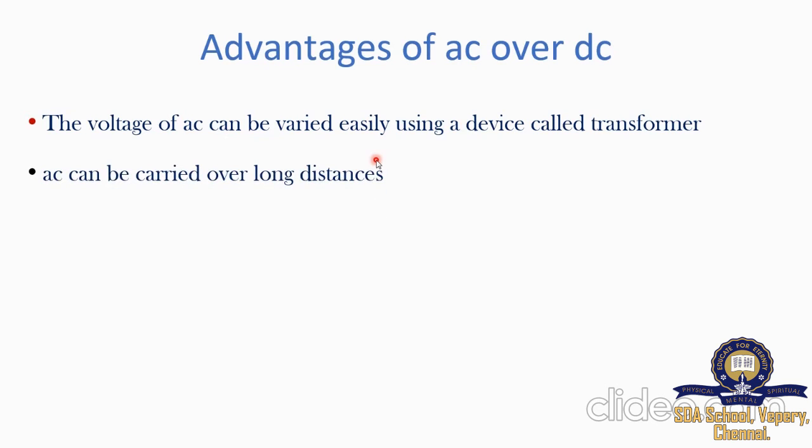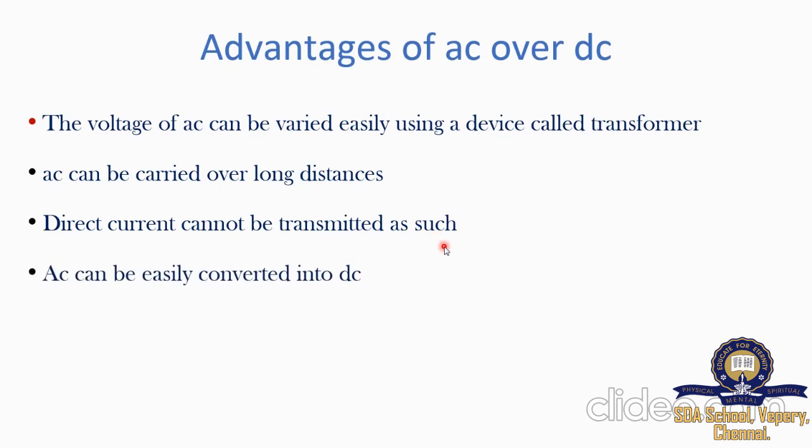And alternating current can be carried over long distances using step-up transformers and so on. The loss of energy while distributing current in the form of alternating current is negligible. Therefore, direct current cannot be transmitted as such.